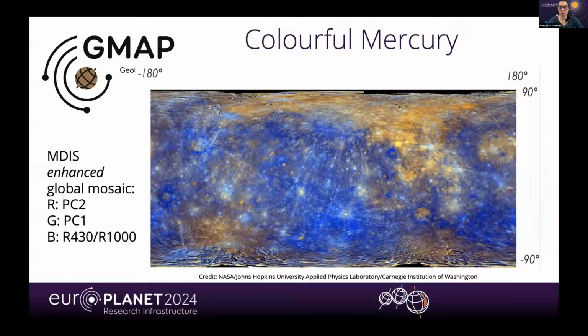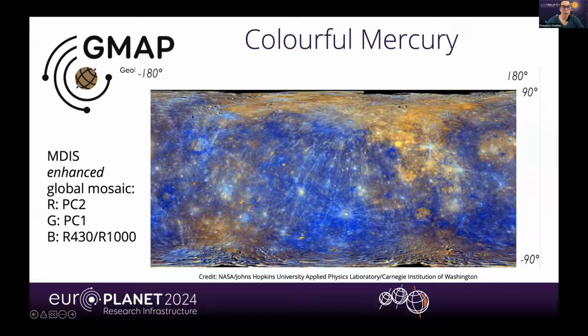This is one of the main uses by the MESSENGER team to analyze the Mercury surface. Using this kind of RGB combination, you can very well emphasize the spectral variation on Mercury. So you see, you can also identify different terrains.